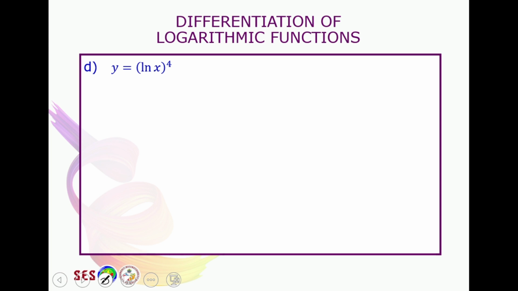For the last question for this video, we have y equal to ln x, to the power of 4. As you can see, ln x to the power of 4, we have to use the power rule. The power rule is: the 4 goes down, the power goes down by 1, and differentiate what is inside. So we have dy over dx straight away.